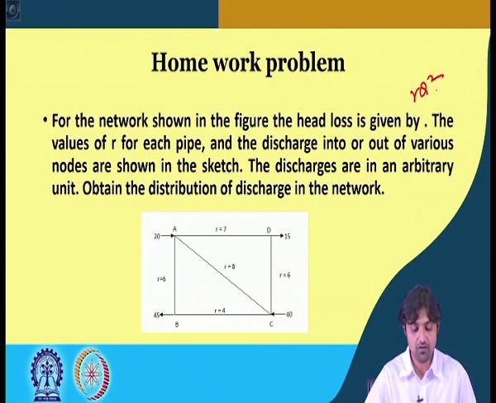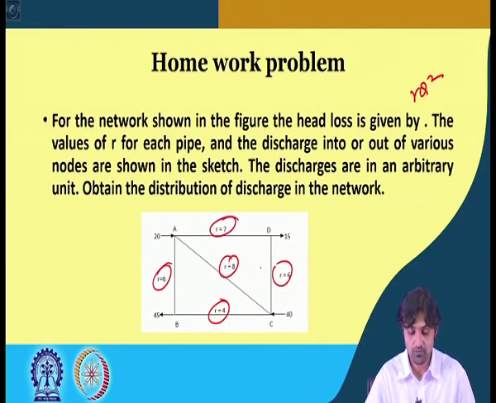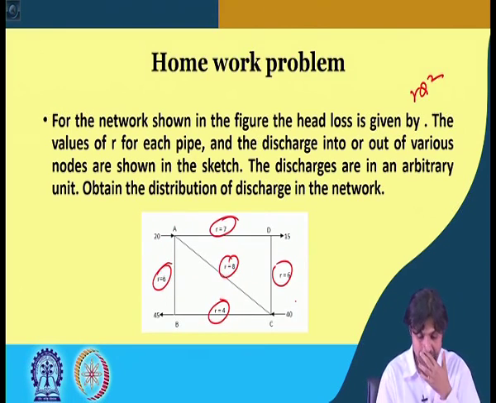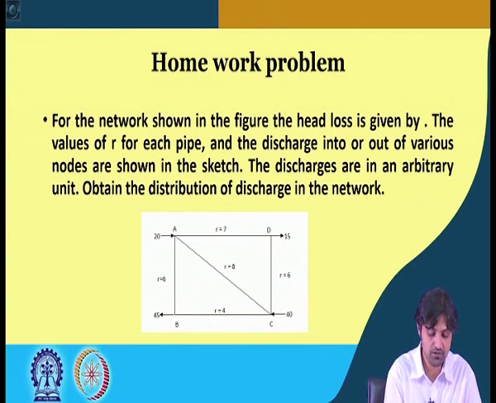The values of R for each pipe are given here, and the discharges into or out of the various nodes are shown. So, 20 is entering here. The discharges are in arbitrary units. So, obtain the distribution of discharges in the network.